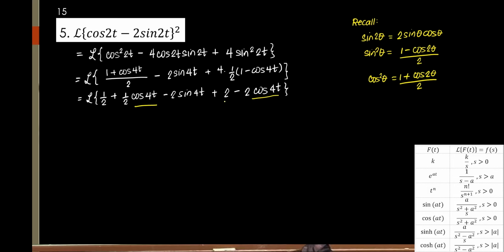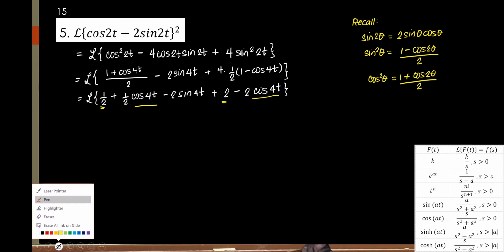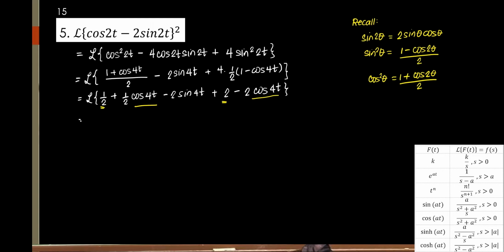That's a cosine 4t. This is a constant. That is a constant. So maybe you can combine them first before doing anything. So let's start with the constant. 2 and 1/2, that's 5 over 2. Negative 2, positive 1/2, that's negative 3/2 cosine of 4t minus 2 sine of 4t. So now we're finished.